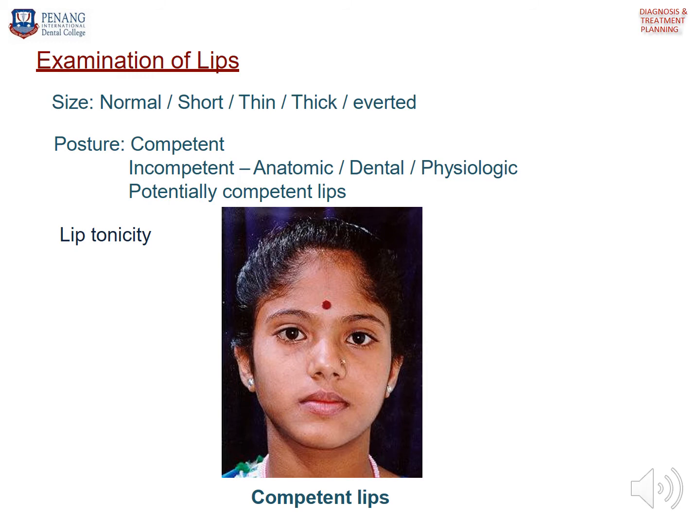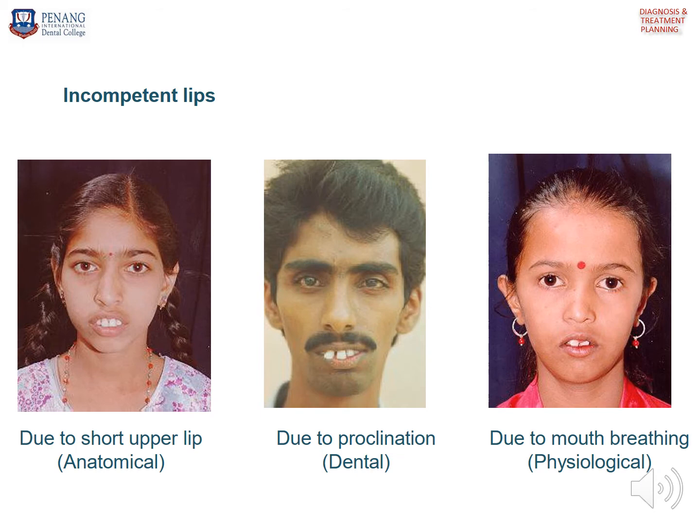So this photo shows that the patient has competent lips. And then this photo shows incompetent lips. Incompetent lips can be divided into three types: anatomical, due to short upper lips; dental, due to proclination of the upper incisors.